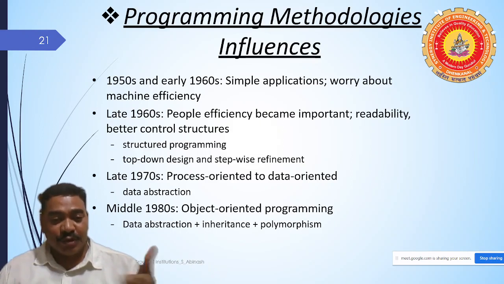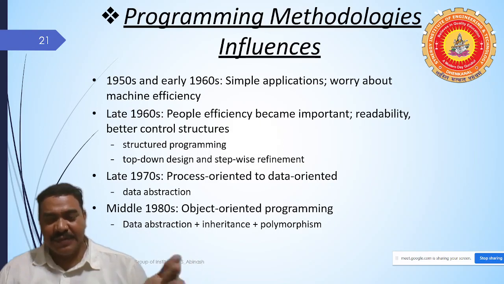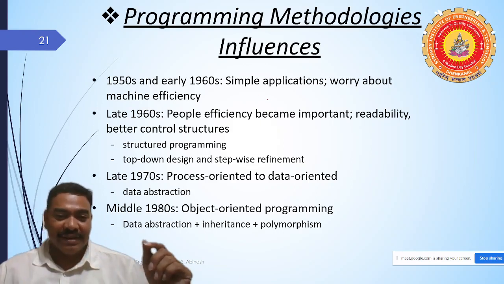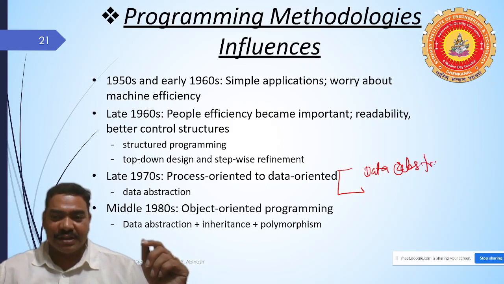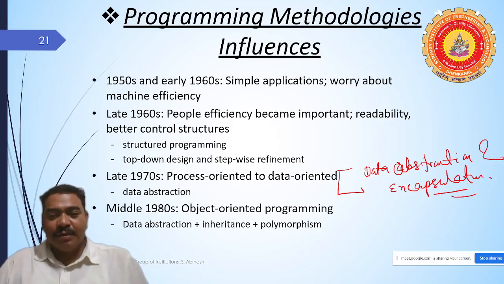And abstraction is the process of creation of new data types. So in the mid 1970s, object-based programming languages were developed, where we only discuss data abstraction and encapsulation. So that is known as process-oriented to data-oriented, or object-based programming languages, 1970s.